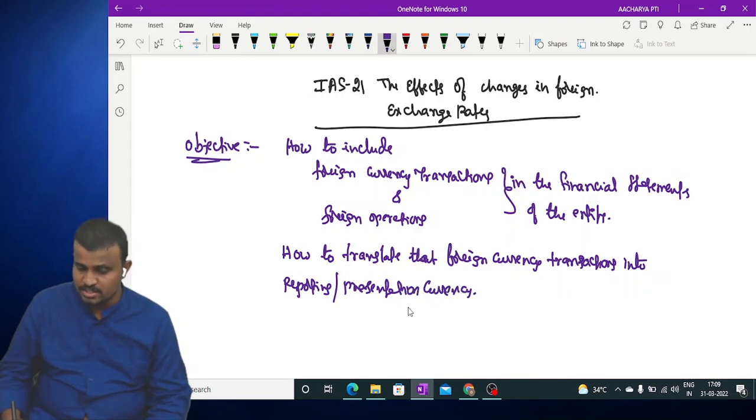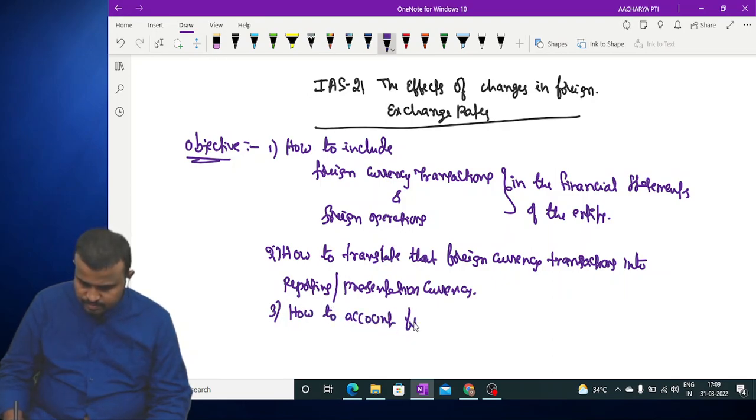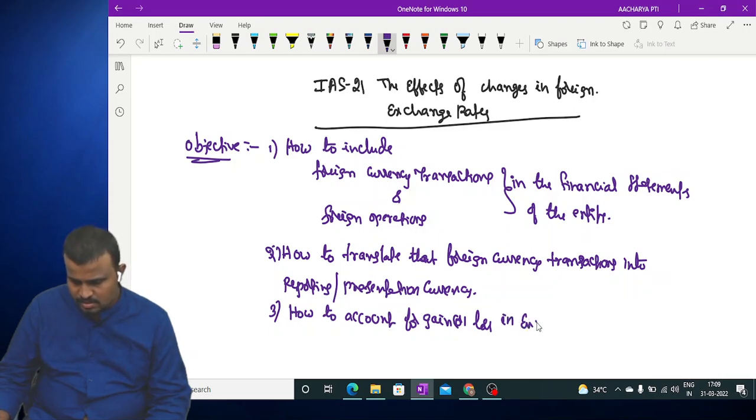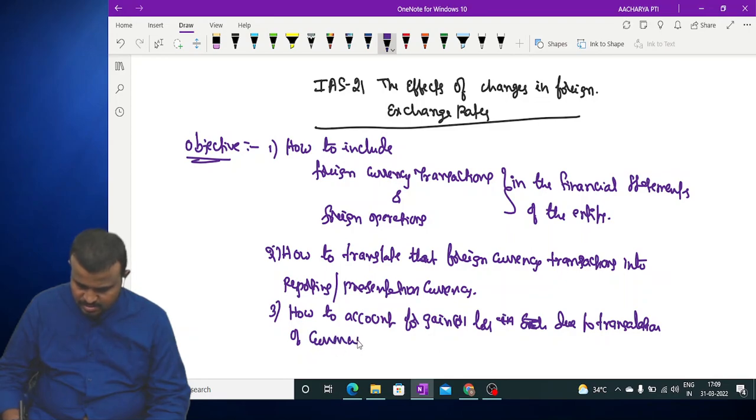And the last one is how to account for the gain or loss due to translation of a currency.